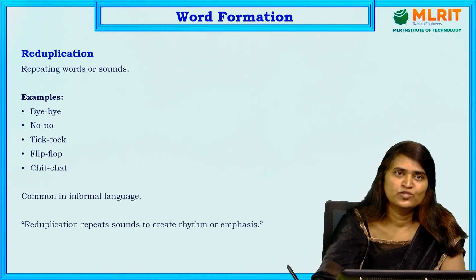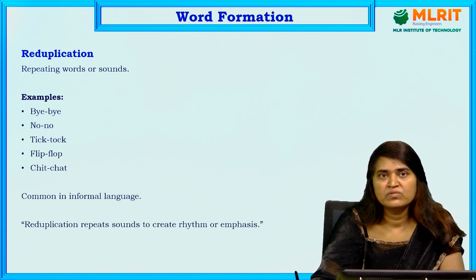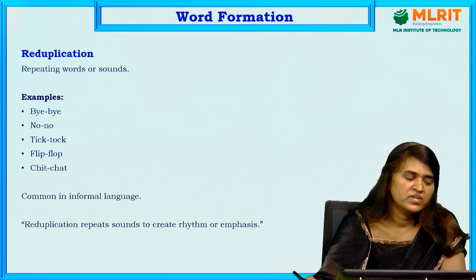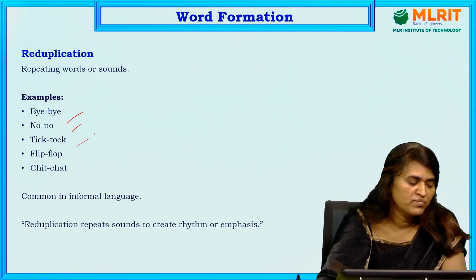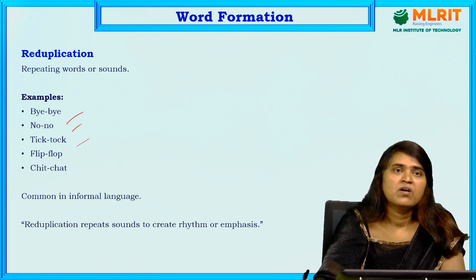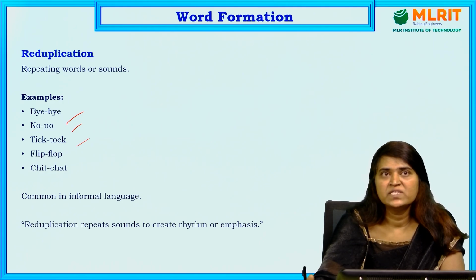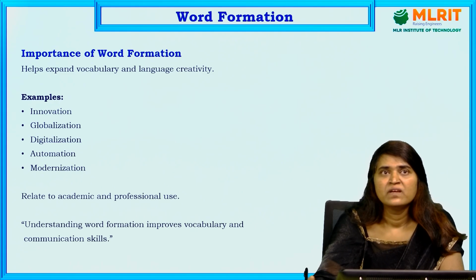What is reduplication? Reduplication repeats sounds to create rhythm or emphasis. Repeating words or sounds is reduplication. For example, bye-bye, tick-tock, flip-flop, chit-chat. All these we use in informal language. Repeating words or sounds is called reduplication.